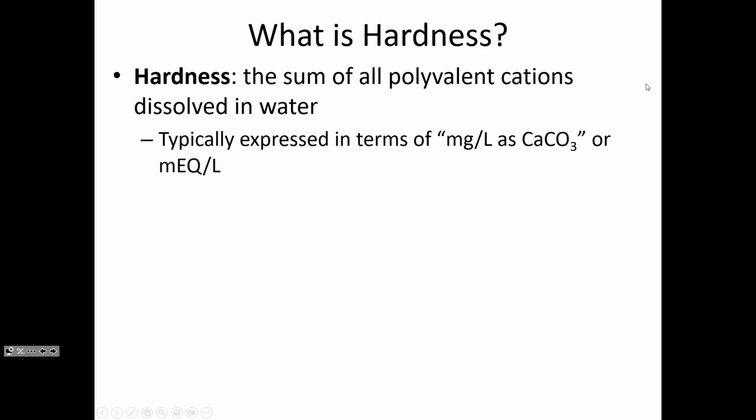That could be calcium, magnesium, iron, manganese, and those are the 4 constituents found in the largest quantities in water, so they're the ones that contribute most to hardness. But even things in really low concentration that are polyvalent, like arsenic or chromium, would technically be contributing to hardness as well.